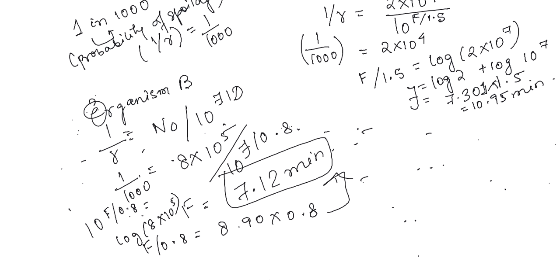In this, we can conclude that A and B will heat in 10.95 as well as 7.12 minutes respectively. So the maximum time required to obtain the spoilage probability of 1 in 1000 is for organism A, 10.95 minutes. This is the idea of the first one.